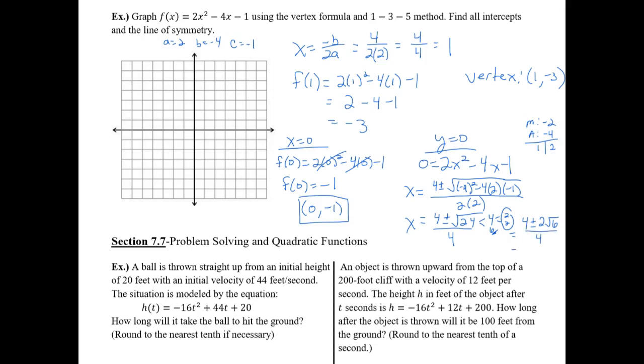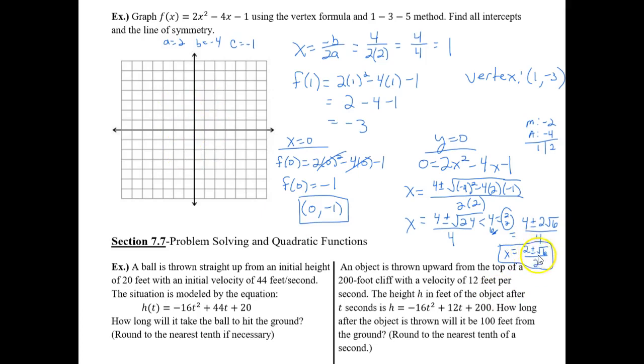And then we can divide out a common factor of 2, right? It only works if all 3 terms here have a common factor, but 4, 2, and 2 are all divisible by 2. So I end up with 2 plus and minus square root of 6, over 2. 2 divided by 2 is 1, and 4 divided by 2 is 2. So that would be the exact x-intercepts.